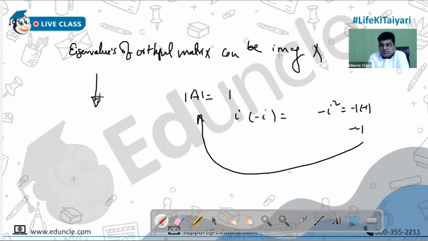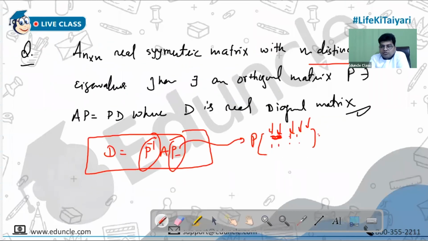Unit modulus means they can lie on the circle. If an orthogonal matrix has real eigenvalues and the determinant is +1 or -1, are there any possibilities other than only real eigenvalues? Yes or no? Is it clear? Orthogonal matrix has real eigenvalues. Is it clear to all of you?